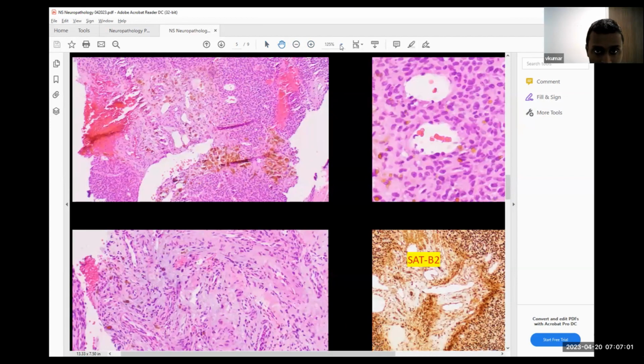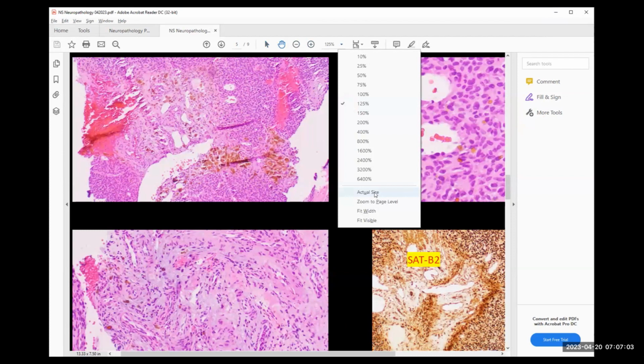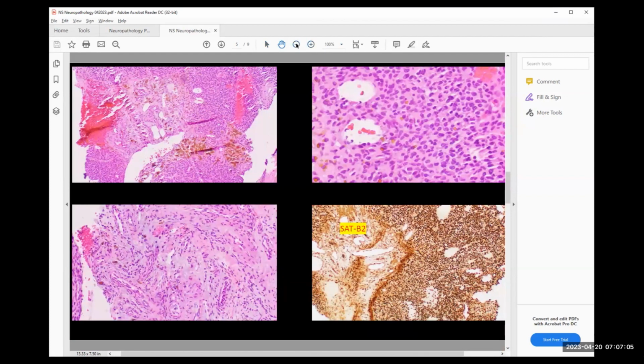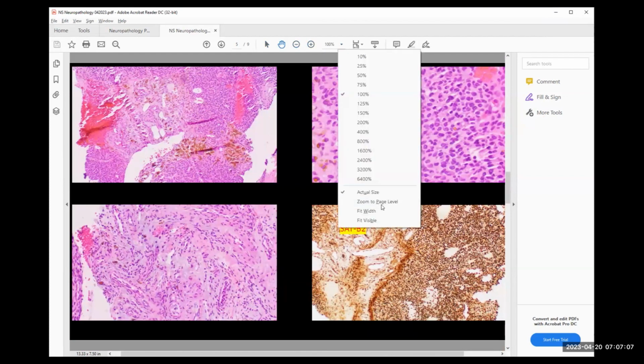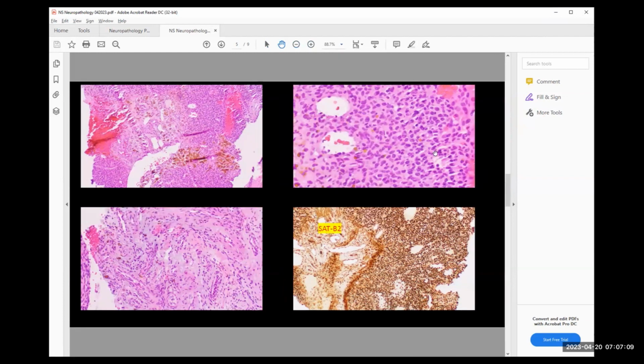I'll put them full screen. The images on the left are not on my screen for some reason.